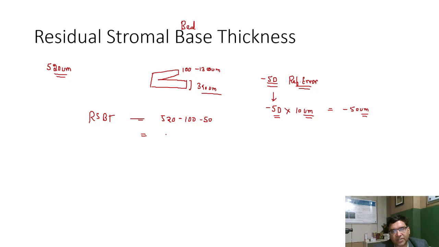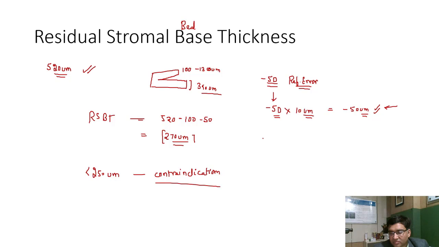Now if this residual stromal bed thickness is less than 250 micrometer, this is a contraindication for doing a LASIK. Okay, so that's why we say that the patients who have very high myopia or who have very thin cornea, these are the two factors which depend upon how much is the corneal thickness.